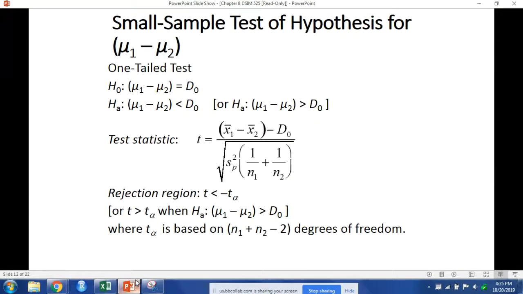So it's a slightly different formula. We multiply the pooled variance times the inverse of our two sample sizes. And same thing, we have to use t-tables now to look up the critical value.